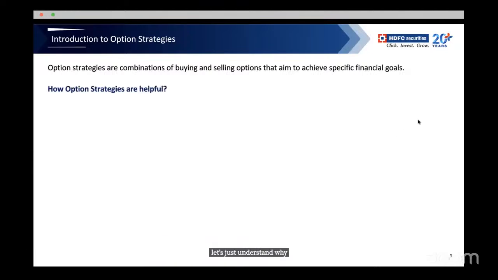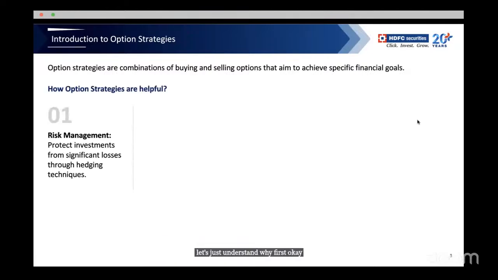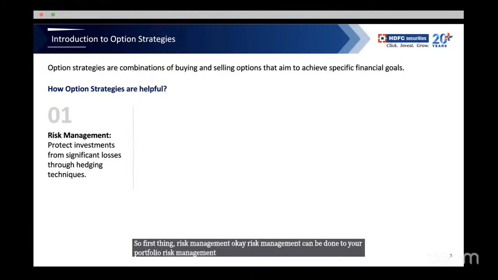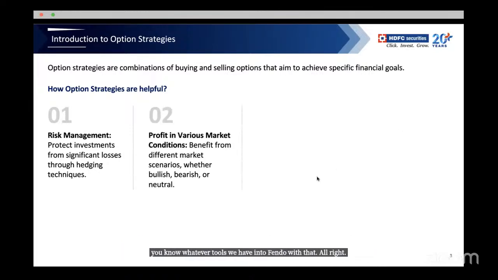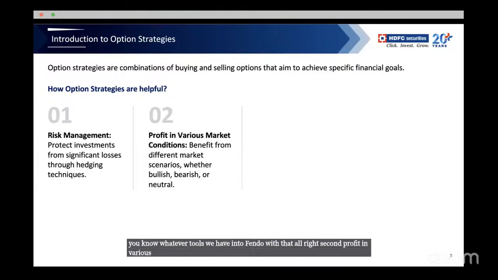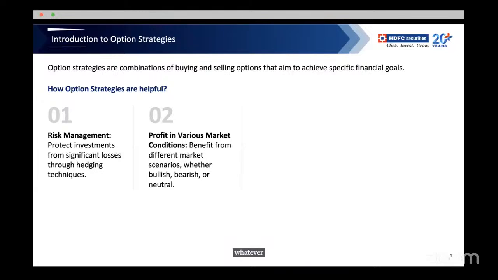First thing, risk management. Risk management can be done properly for your portfolio, whatever trading strategies you have, along with the tools we have in F&O. Second, profit in various market conditions. As we discussed earlier, whatever kind of market it is, we can deploy a certain strategy to encash from that kind of market.